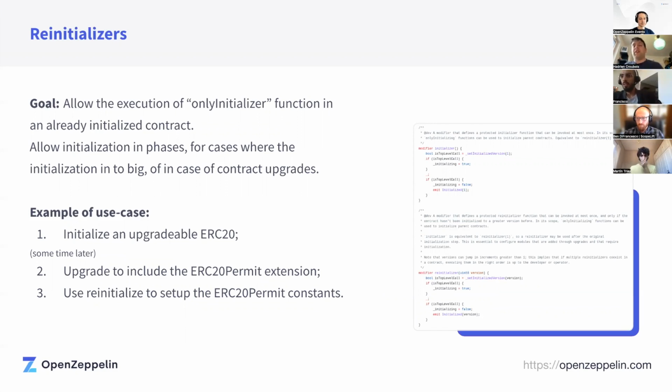Yeah, the re-initializer is something that we've had in mind for a while without really seeing a use case. And then the use case was really important, and it led us to do it. One of the reasons it took so long to implement it is that it's not just about the contract itself, it's also about the upgrades plugin that we have. Whenever we release a contract, we release an upgradable version.